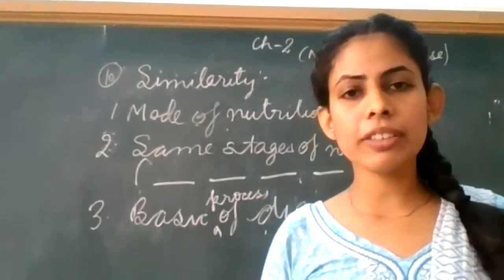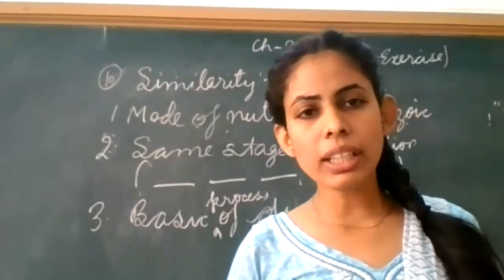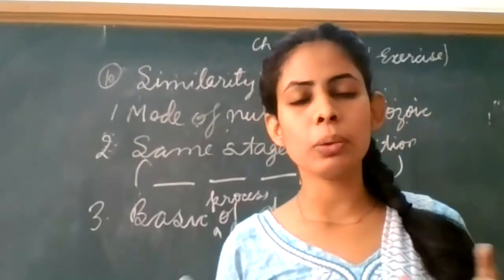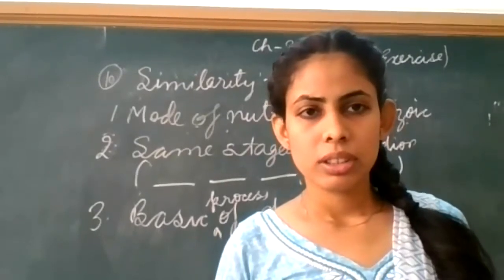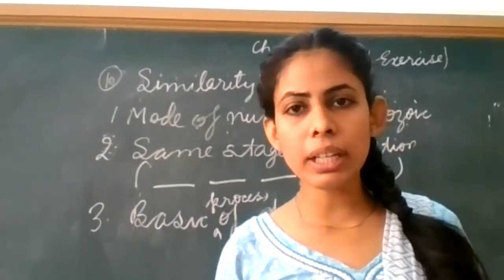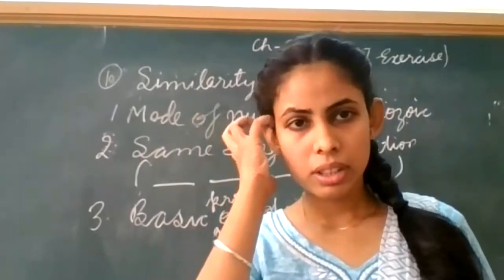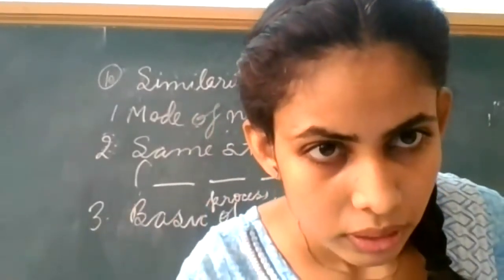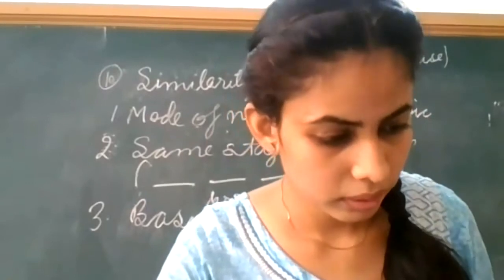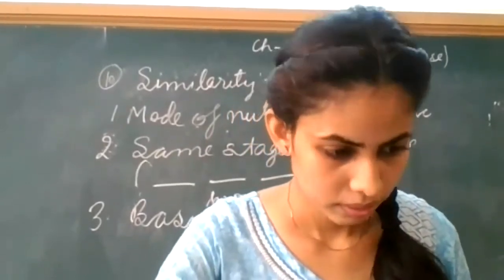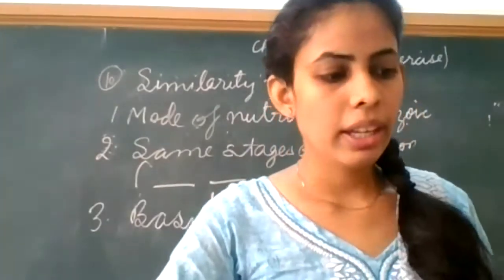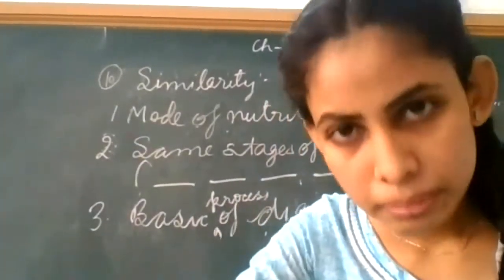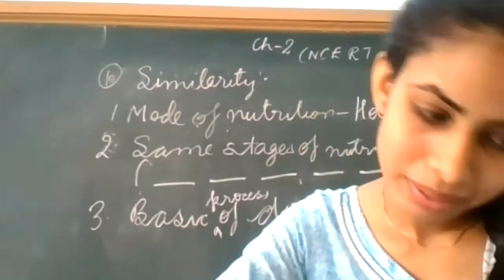Now coming to the difference. What are the differences between human being and amoeba? Amoeba feeds on microscopic creatures and humans eat vegetable food. Amoeba is single celled and human is multi-celled.